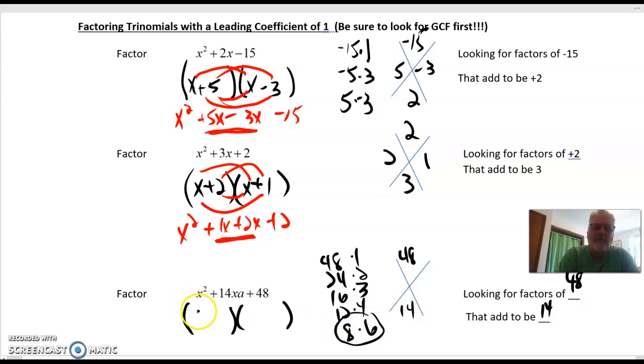So it's x there and x there, and it's plus 8 and plus 6. This little chart over here on the right is just something to help us keep our thoughts organized. That one's 8 and 6.